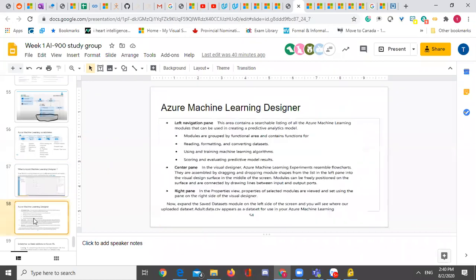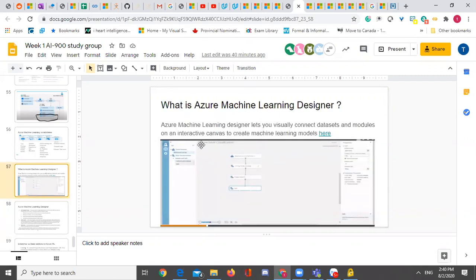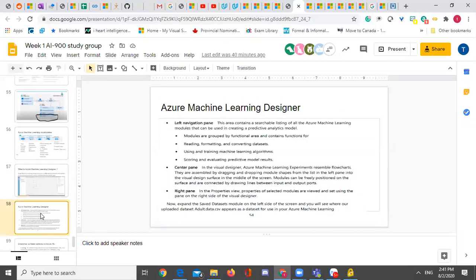All right, so Azure Machine Learning Designer basically has three components: the left navigation pane, the center, and the right pane. The left navigation lists all of the Azure Machine Learning modules that can be used to create a predictive analysis.